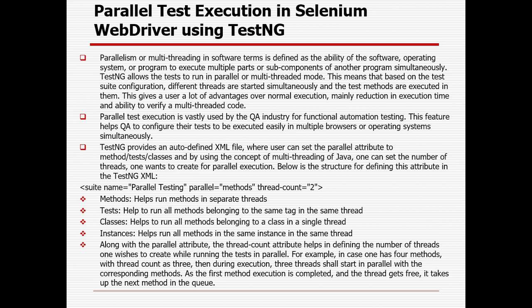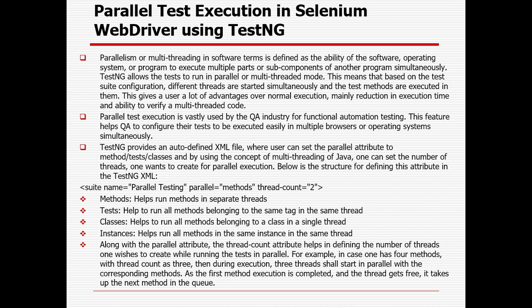That is the reason multi-threading is really important for parallel testing, and why I have focused on threads, because that will help you do parallel or distributed testing. Parallel test execution is vastly used by the QA industry for functional automation testing and regression testing. This feature helps QA configure their tests to be executed easily in multiple browsers or operating systems simultaneously.